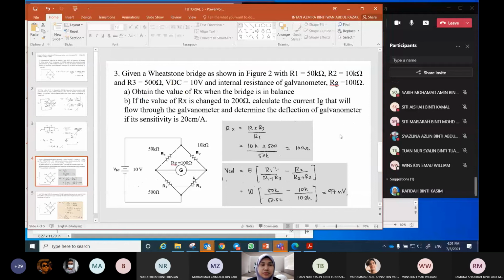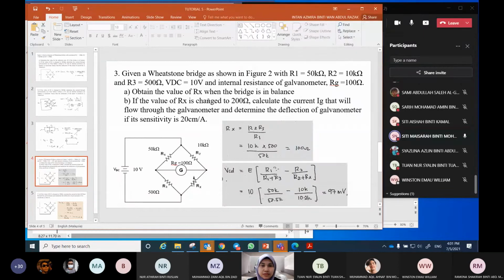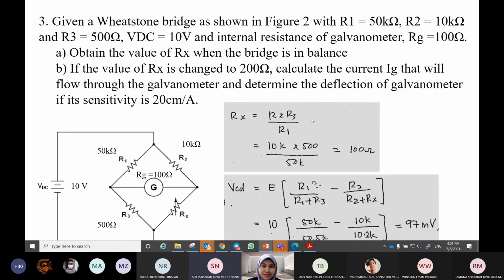Then current will flow through the... Yes. Okay, the circuit now is unbalanced, then current will flow through the galvanometer. Galvanometer, right? Okay.